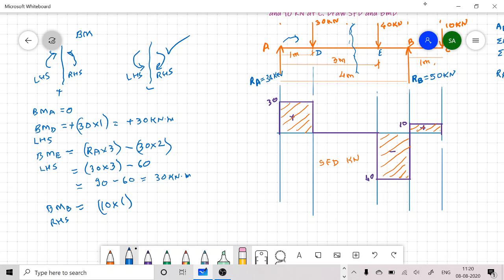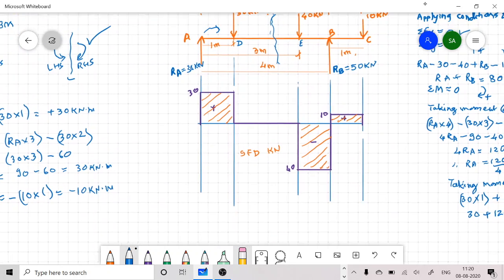Clockwise on the right hand side is negative according to our sign convention. So it is minus 10 kN meter. So bending moment at any section in the beam is the algebraic sum of all the moments either to the left or to the right of the section. You can consider any side.